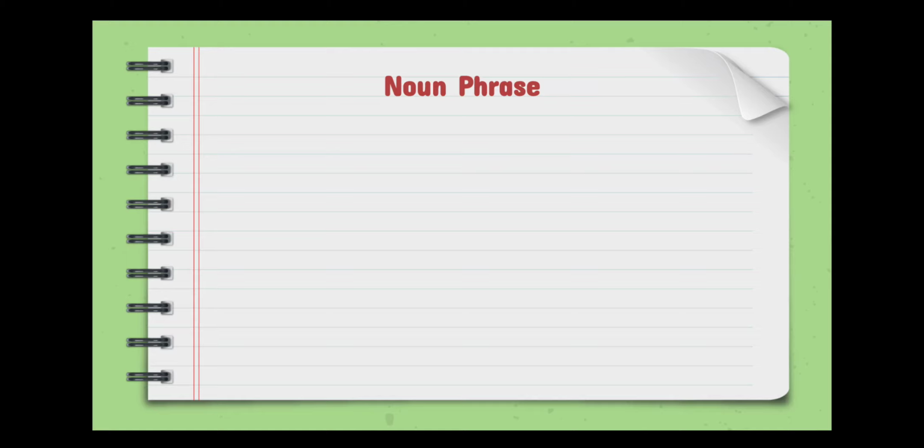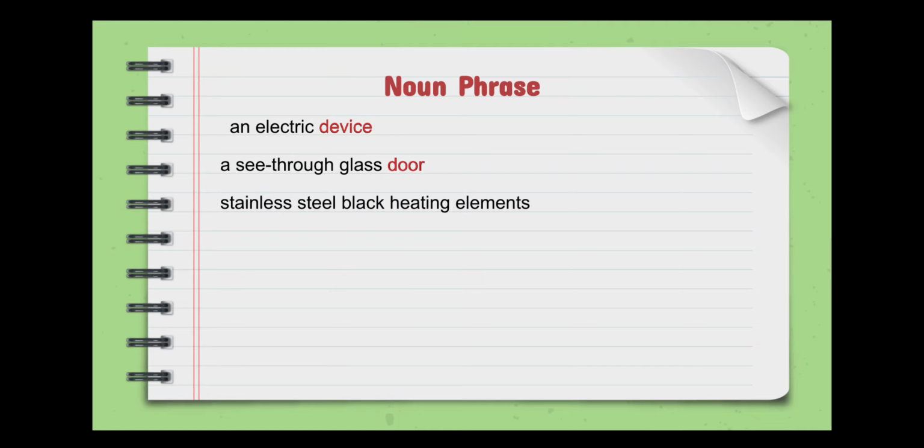Now let's look at the noun phrases that have been used in this particular description. An electric device. An is an article, electric is an adjective, and device is the noun. So in this phrase, device is the head noun. A see-through glass door. Door is the head noun in this particular noun phrase. Stainless steel black heating elements.